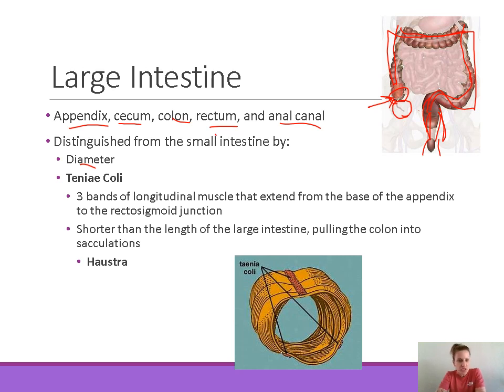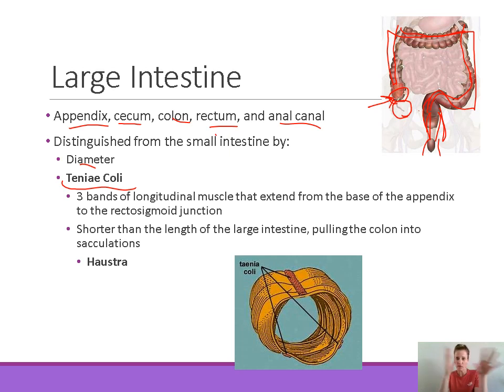When we look at the large intestine, the layer of longitudinal muscle that lines the intestine is decreased into just 3 bands of muscle. We refer to them as tenia coli. So throughout most of the GI tract, remember there are 2 layers of muscle.